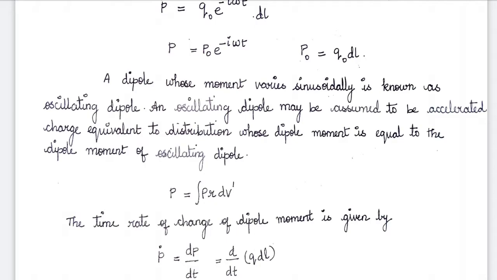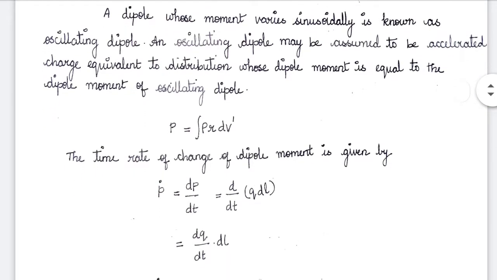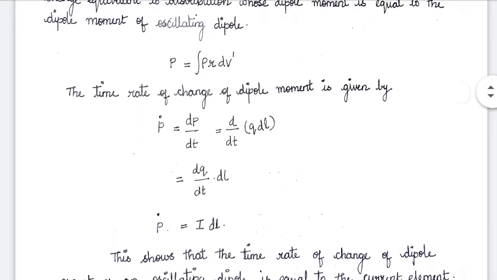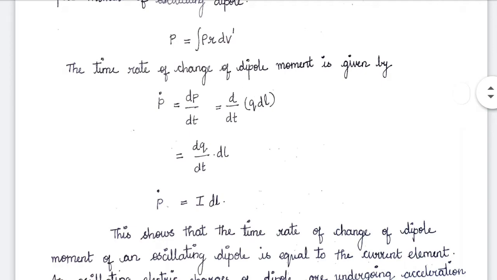We can assume an oscillating dipole to be equivalent to an accelerated charge distribution, and its dipole moment is equal to the dipole moment of an oscillating dipole. For such a distribution, the dipole moment p is given by the integral of rho r dv prime.